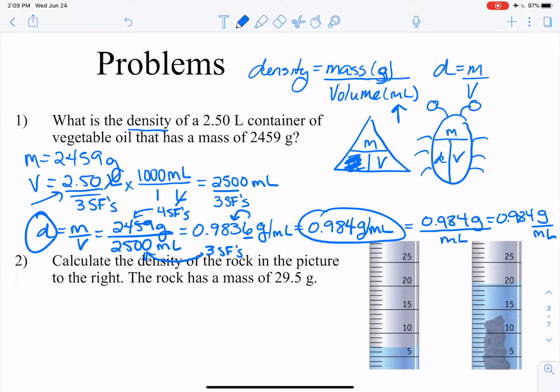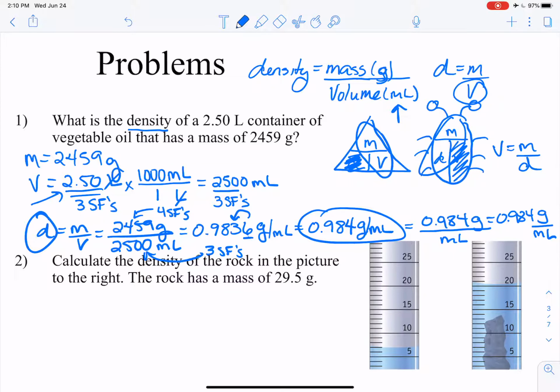And that'll tell you that density equals mass divided by volume. Now, if you wanted to solve for volume, you would put your finger over the V here, and you would see that V is equal to mass over density. Okay, so that's how that works.